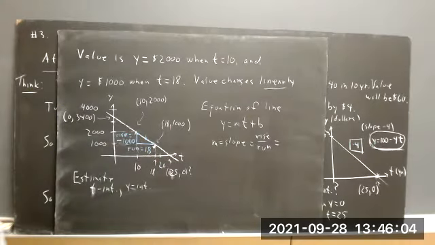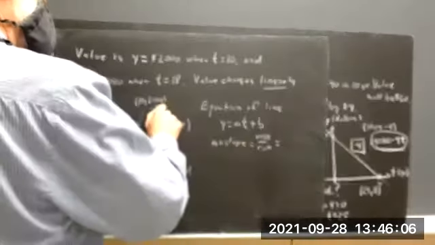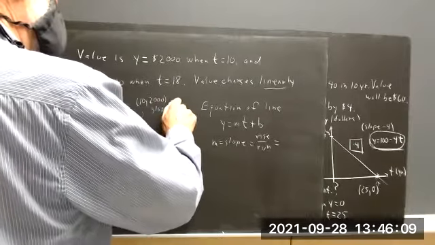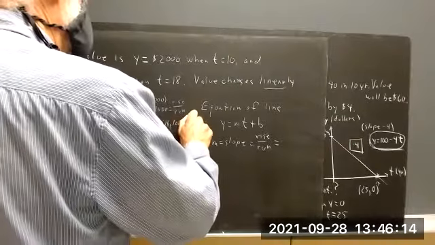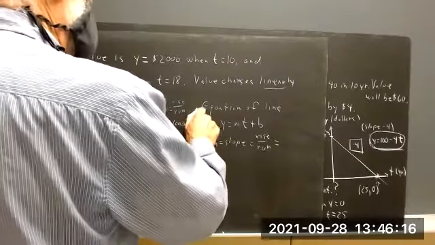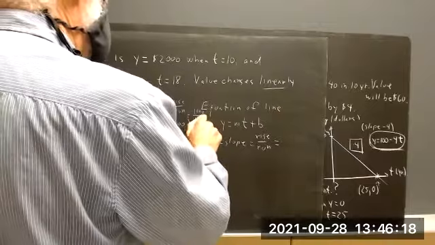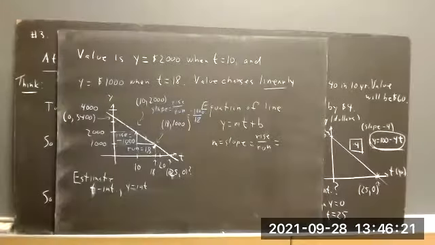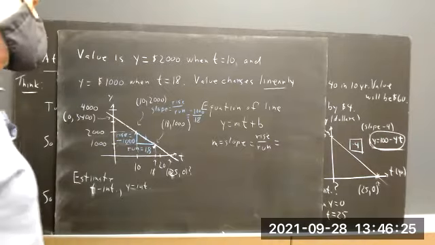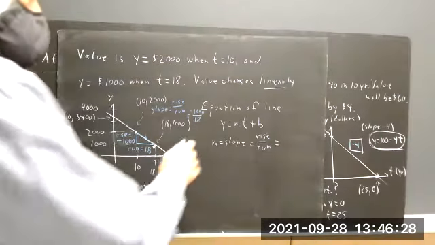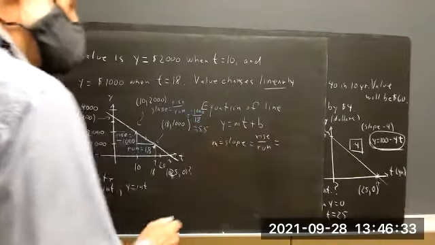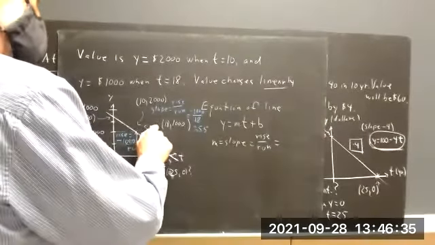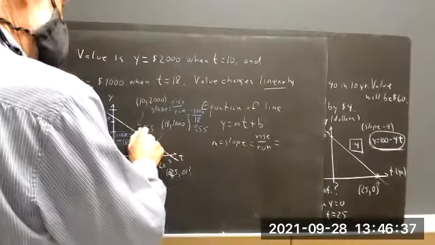Okay, so the slope, rise divided by run, equals -1000. Now, 1000 over 2050 turns out that the slope is close to 55, so it's rounded off to 55, but it's negative.